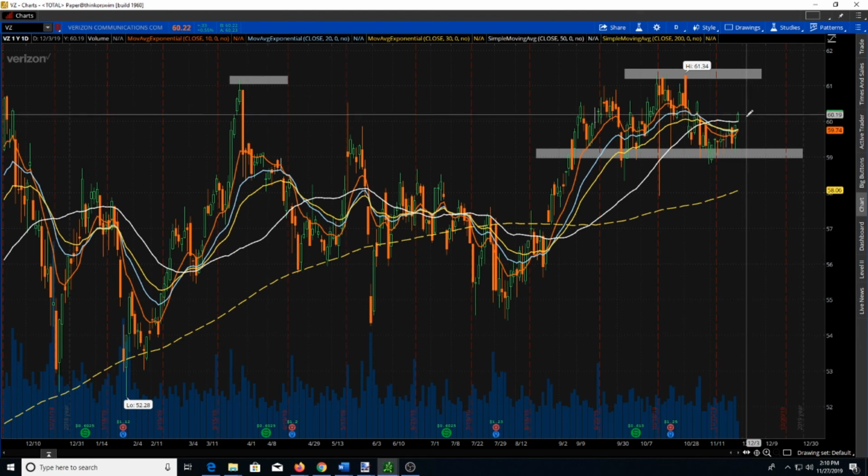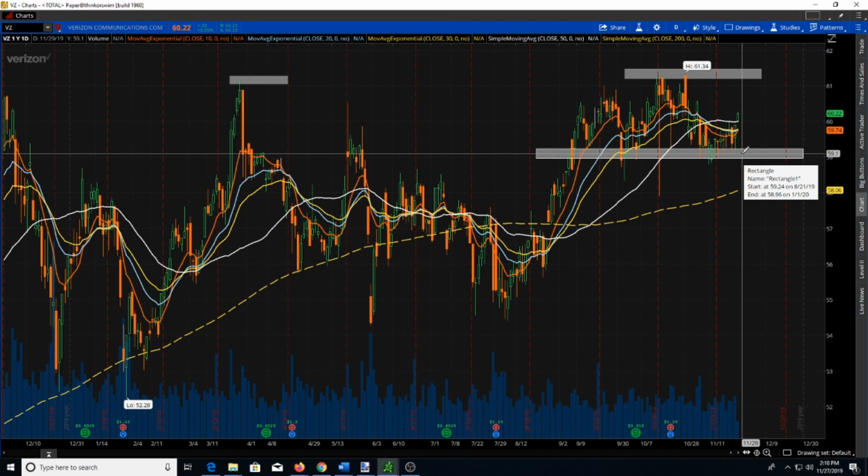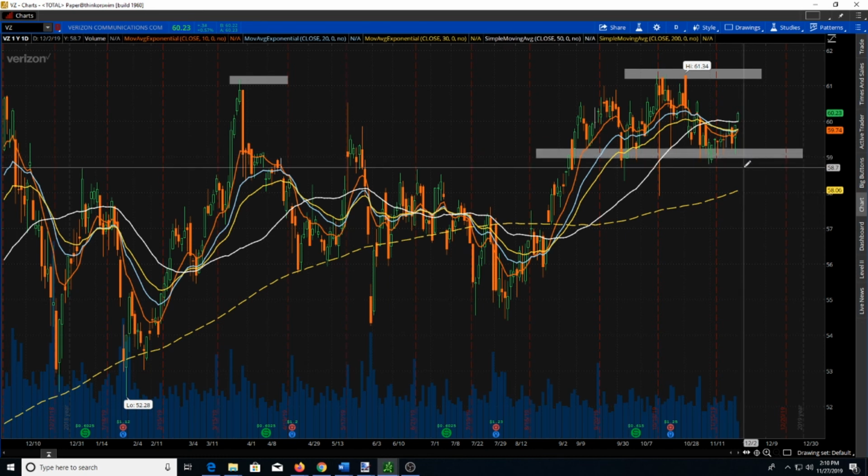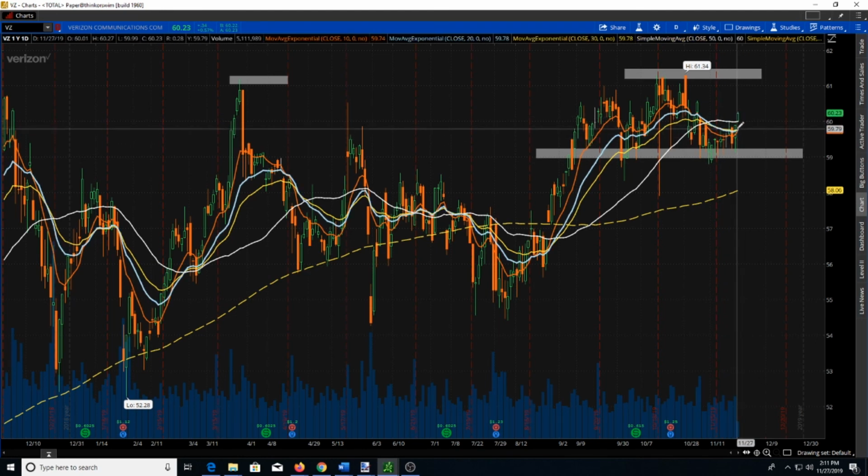So if I were to have a stop way down at 59.10, that's about a 1-to-1. If I go down here at 58.70, I'm at a 1.5 stop to a 1 profit target, and you don't want to trade that way. Which is another reason that picking your entries is very important.